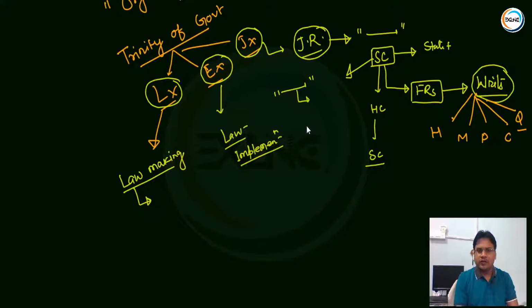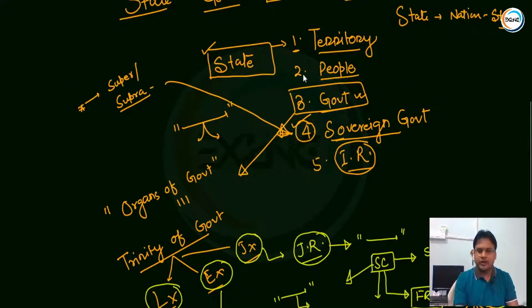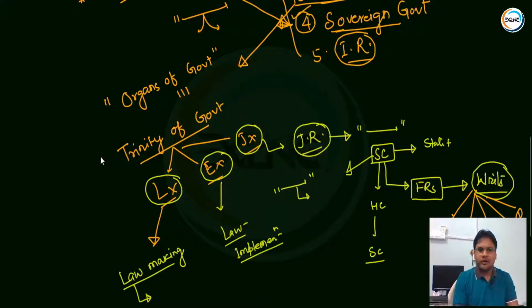What I am trying to tell you is that you should keep in mind, first, the concept of the state: there are 5 criteria to qualify as a state. The territory, people, government, sovereign government and international recognition. In this system, there is a trinity of the government that is called the 3 organs of the government. The 3 organs basically function on the division of powers.